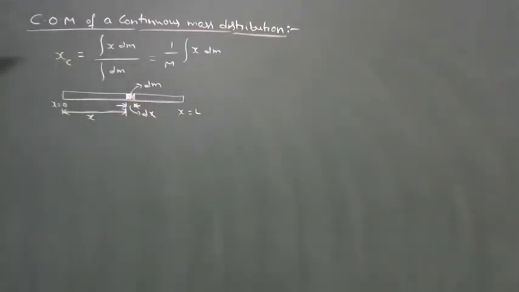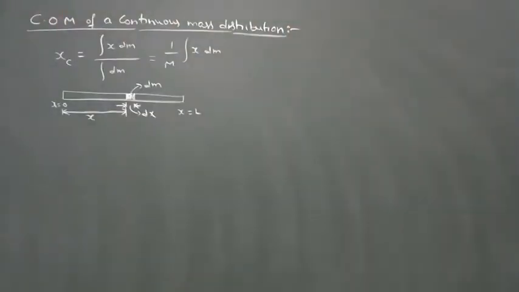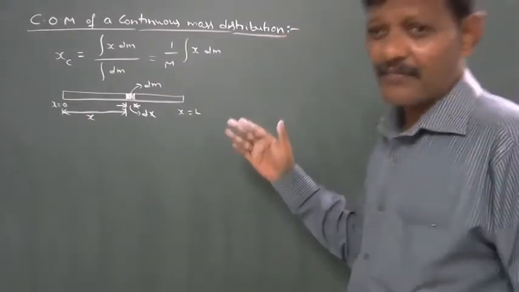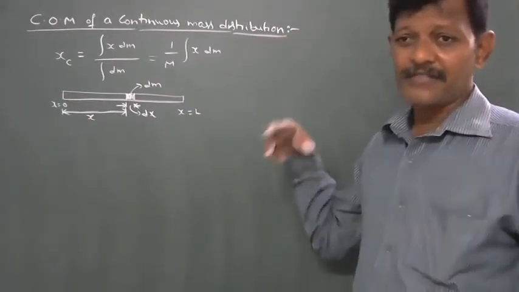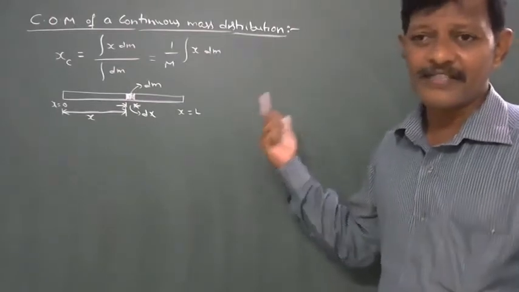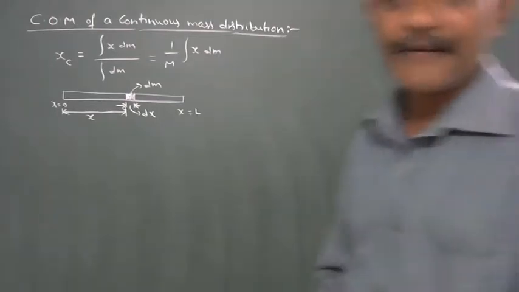So in this equation, dm is the mass of the element and x is the distance of that element from the point with respect to which the center of mass is to be calculated.